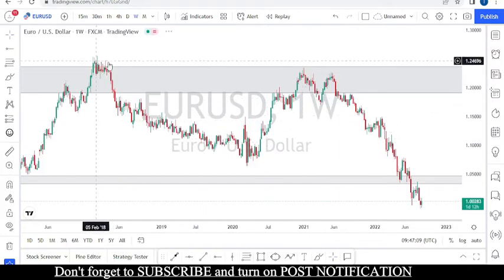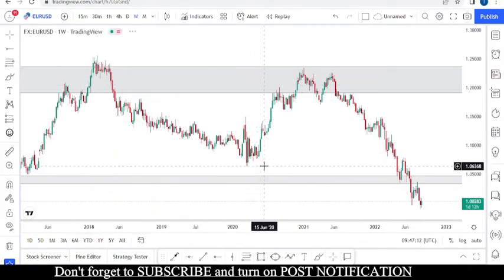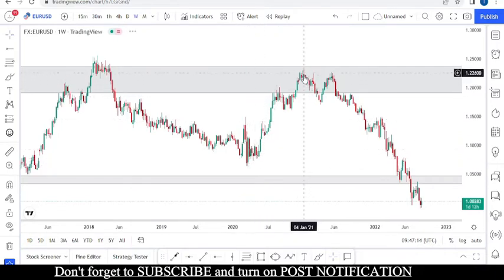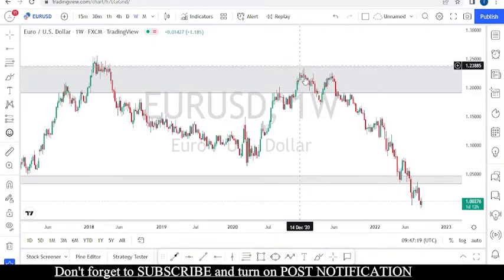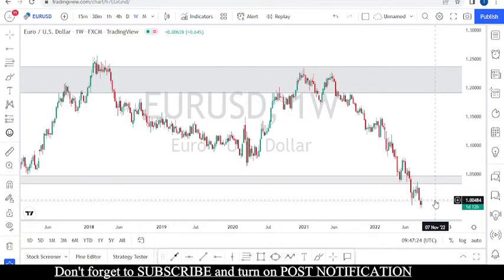Just like here, price failed to break above this zone. When we had this downtrend, we went back into that zone. Price repeated the same thing, failed to break above it. As a matter of fact, it gave us a double top and we've been collapsing ever since then, right? Now you've established that this is a downtrend on the monthly and the weekly time frame. Let's go to the daily time frame.